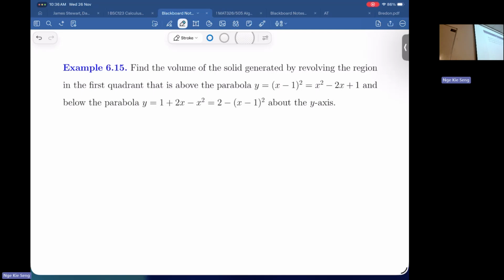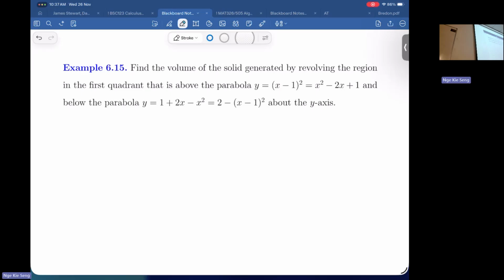From this wording, it suggests that the second parabola should be higher than the first parabola, because the region is above the first parabola and below the second parabola. Otherwise, if it is the other way around, then this space will be empty.